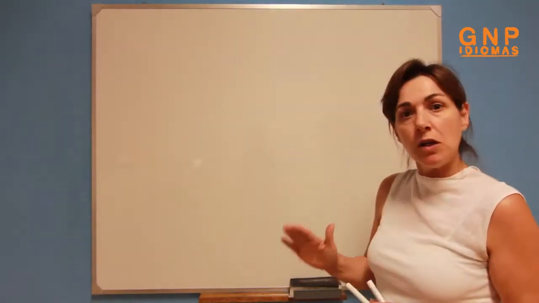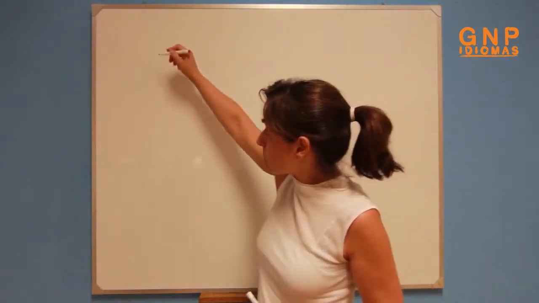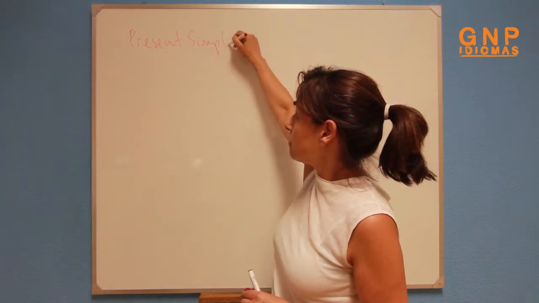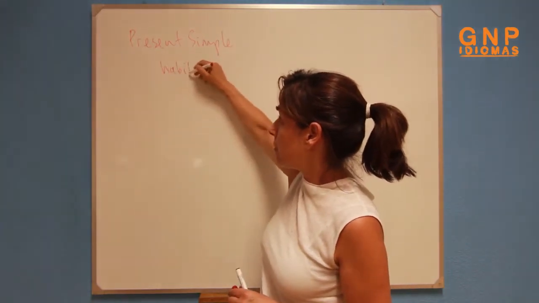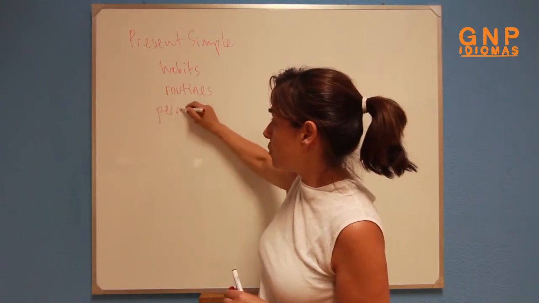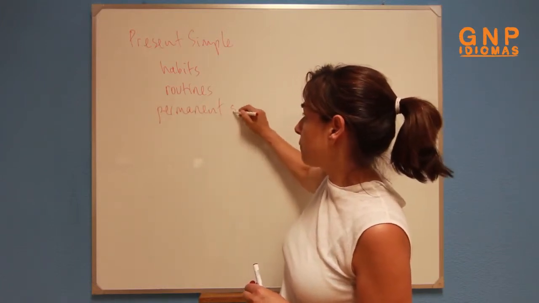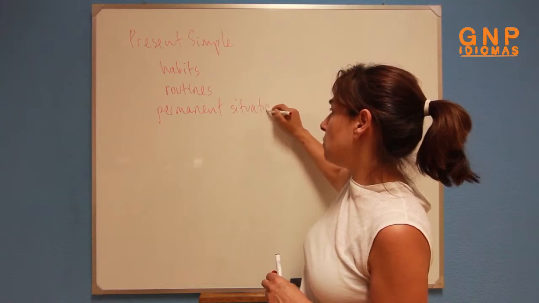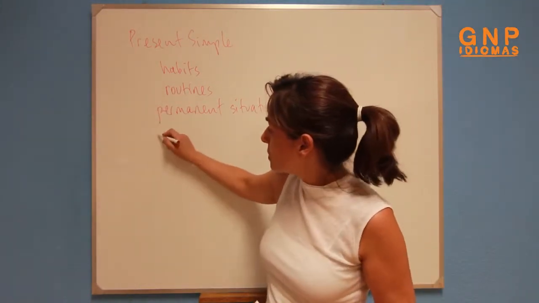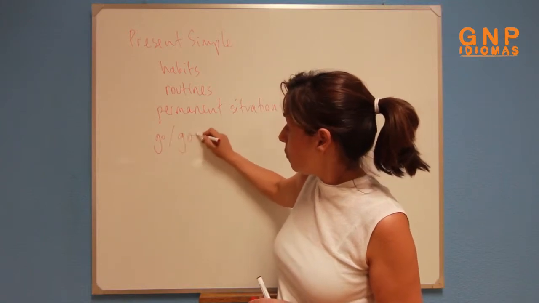Okay, so we all know that the present simple is used for habits and routines. It's also used for permanent situations. And we know that the formation is, if the verb is go, it would be go or goes.